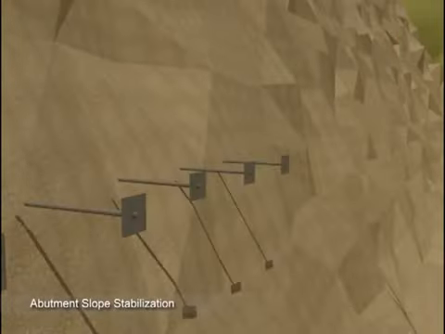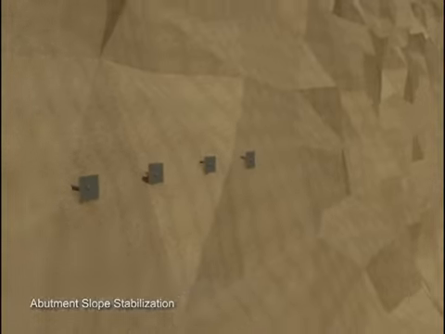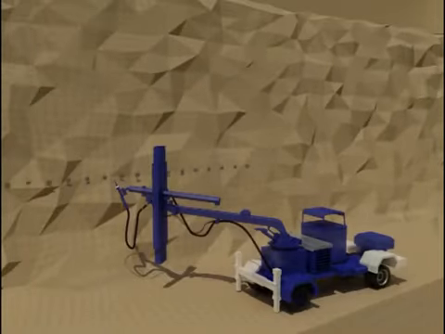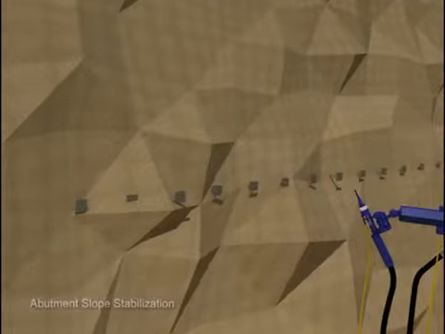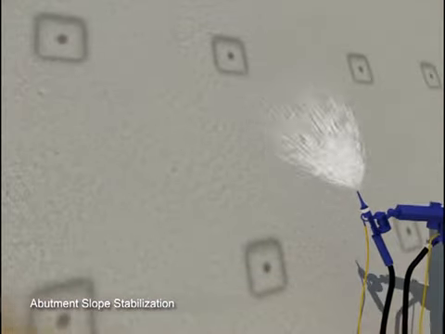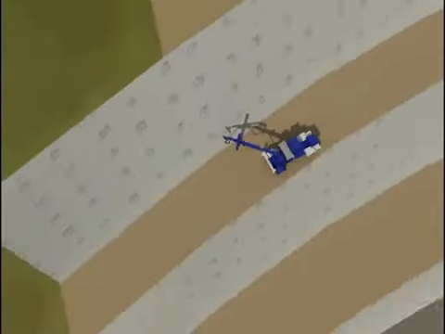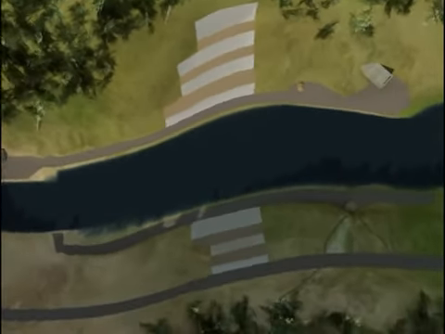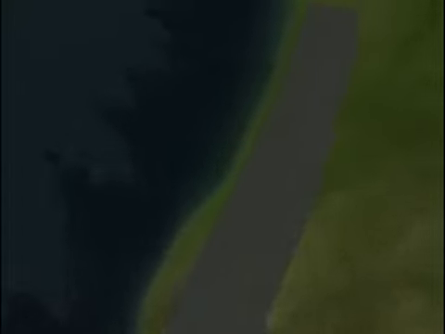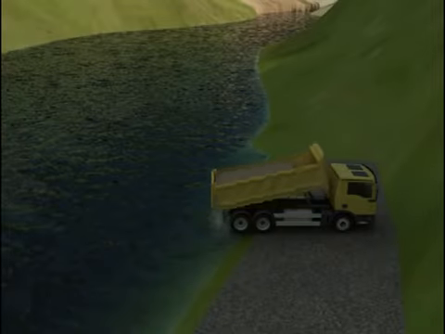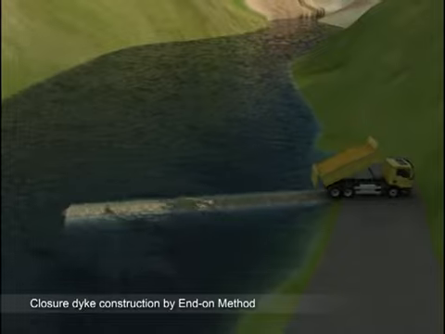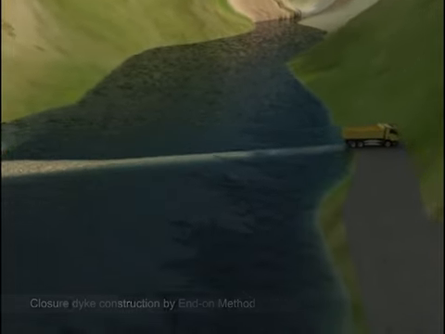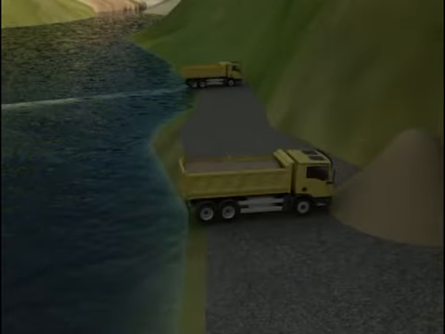The excavated slopes are stabilized by installing rock anchors and spraying shotcrete. Upstream and downstream closure dikes are constructed using the excavated material by the end-on method.